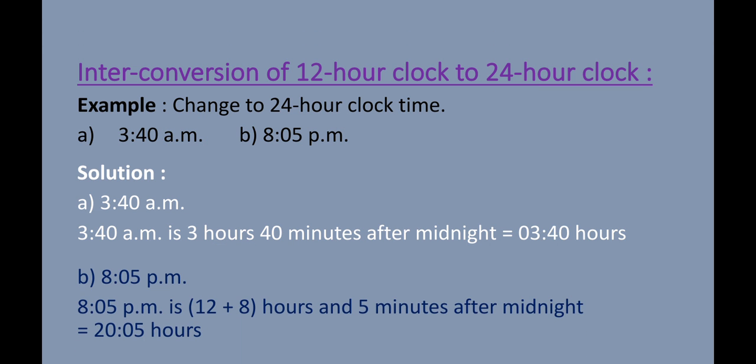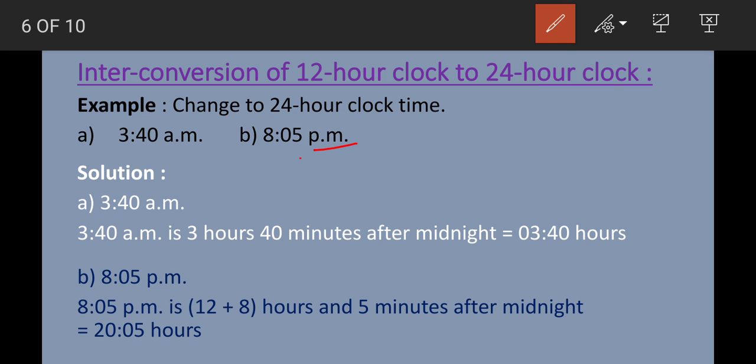Next, the second one is 8:05 p.m. Since it is given in p.m. form, we have to add 12 hours to it. So 12 plus 8 is 20, and we write the minutes as they are. It becomes 20 hours and 5 minutes after midnight, so we write this as 20:05 hours.